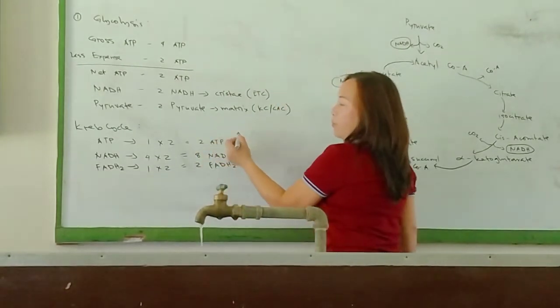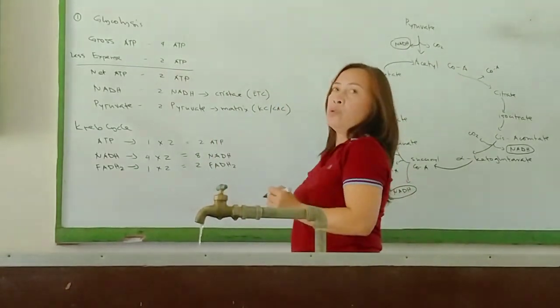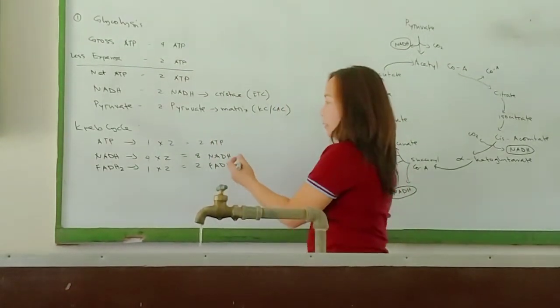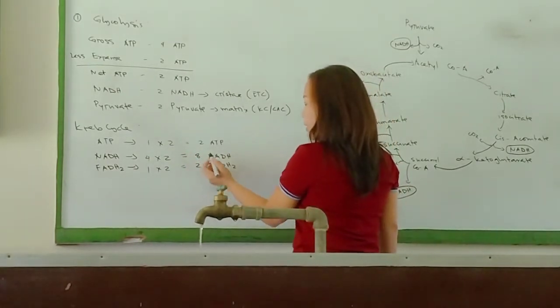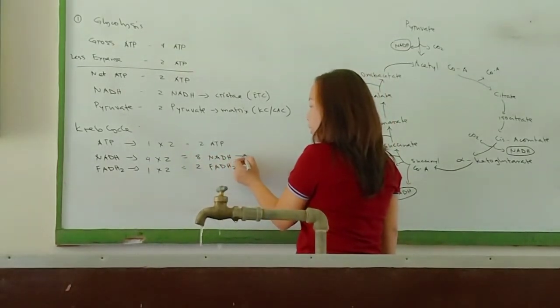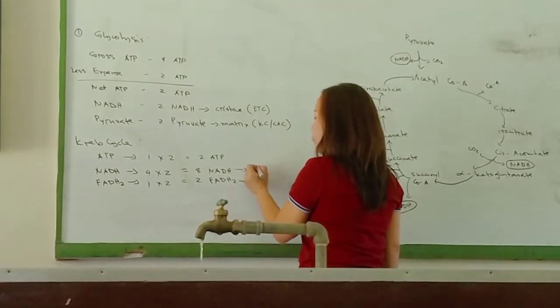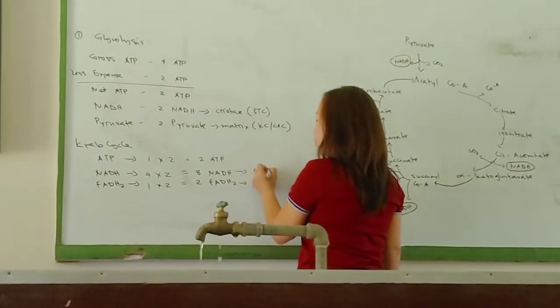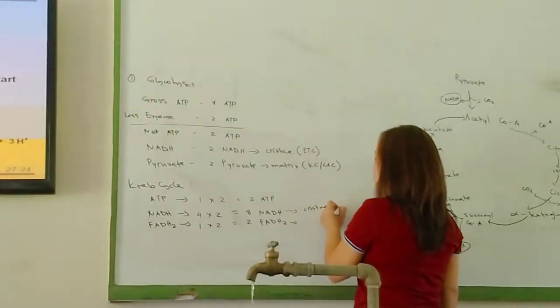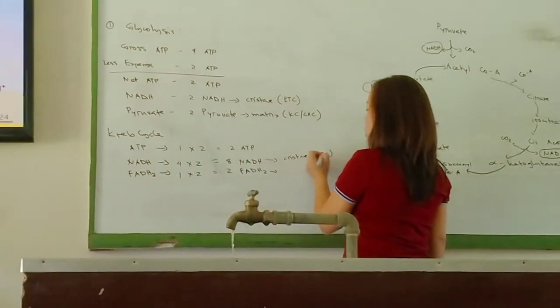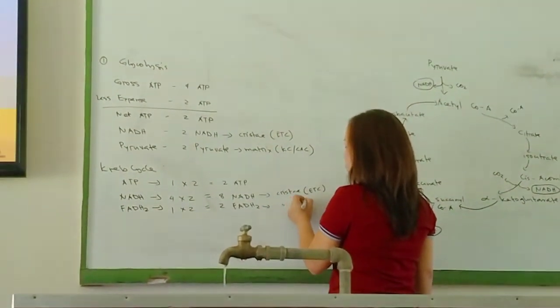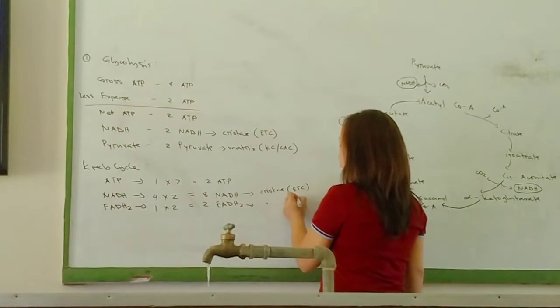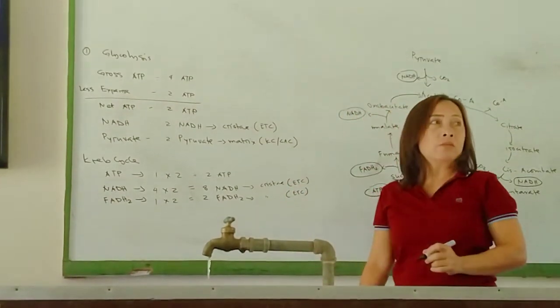Now these 2 ATP can be used right away by the cell. However, the NADH and the FADH2 will be brought to the cristae for electron transport chain.